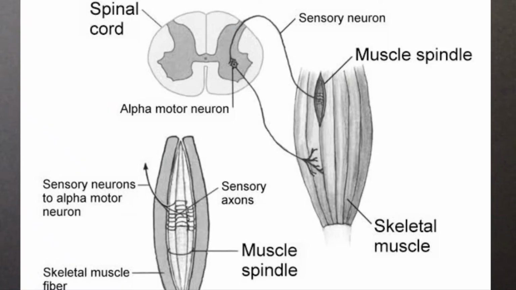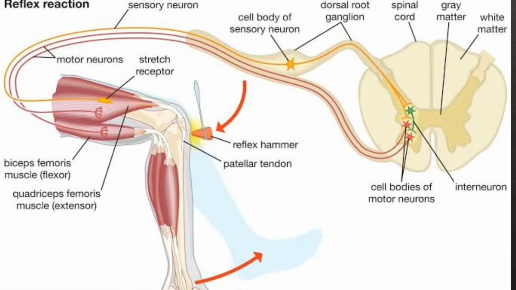Tendon or stretch reflexes. The tendinous attachments of muscle have special sensory receptors. If these receptors are stimulated by a sudden, quick stretch, nerve impulses pass up to the spinal cord, through the synapse to the anterior motor neuron to the muscle, causing quick jerking contractions, such as the patellar or knee reflex.